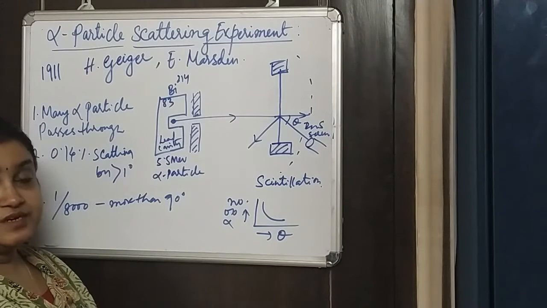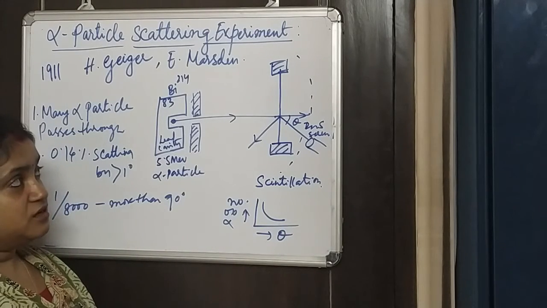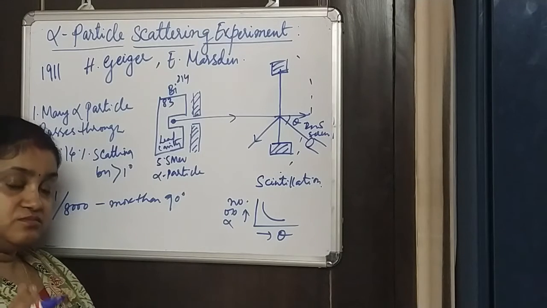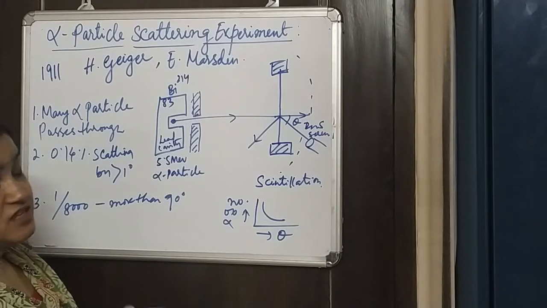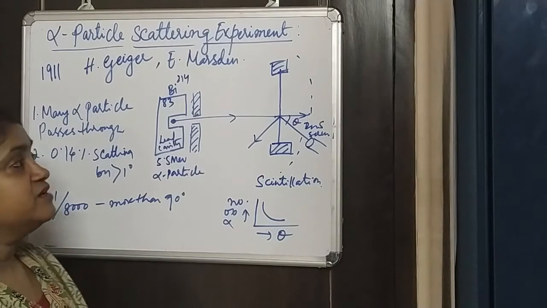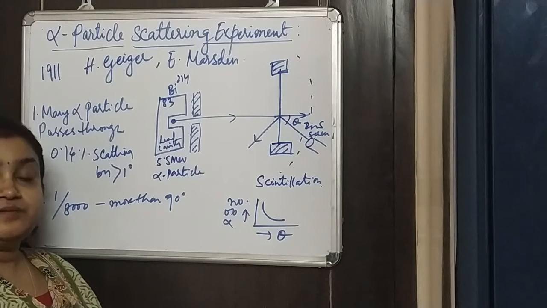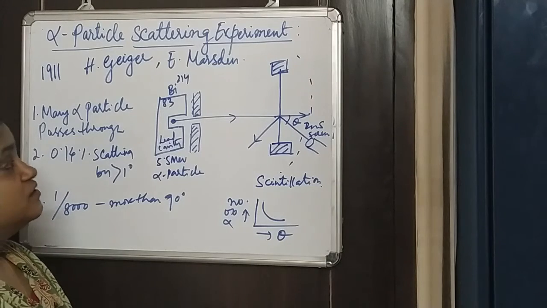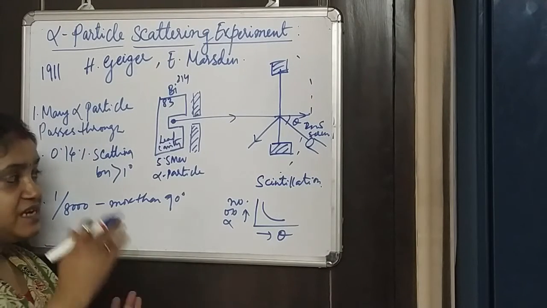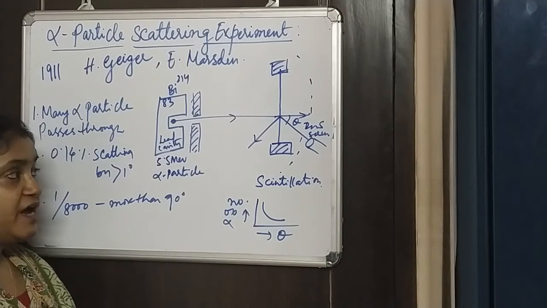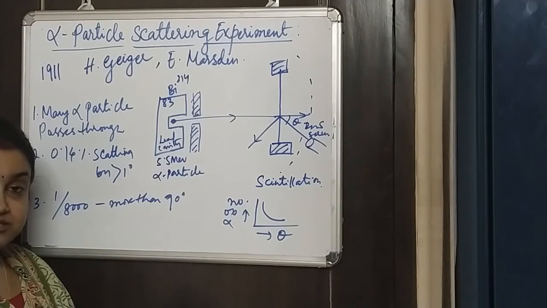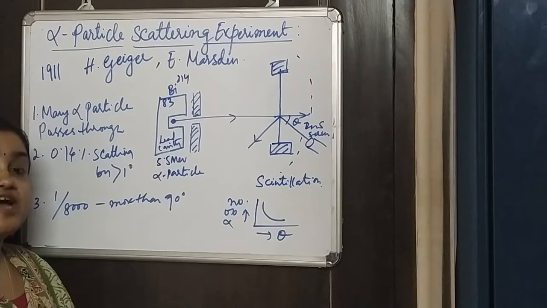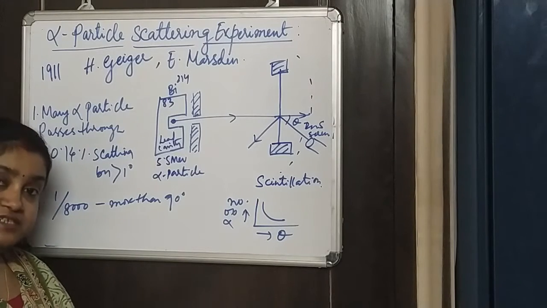Rutherford proposed it, and H. Geiger and Marsden, the two scientists, around 1911 had done this experiment. First let's see what this experiment is, and later on we can analyze the observations, and see how from those observations Rutherford's atomic model was developed.